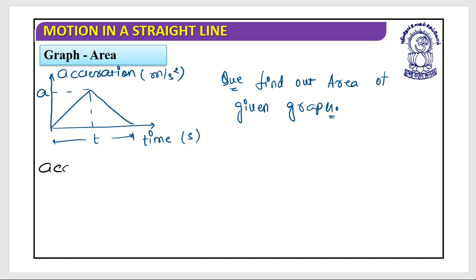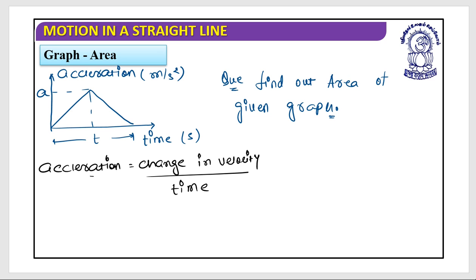Acceleration is equal to change in velocity divided by time. So when I multiply these two, what I am getting is change in velocity. You should consider that this is not velocity itself. This represents change in velocity.